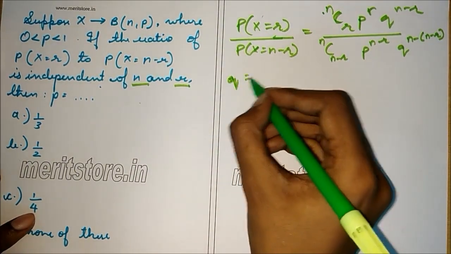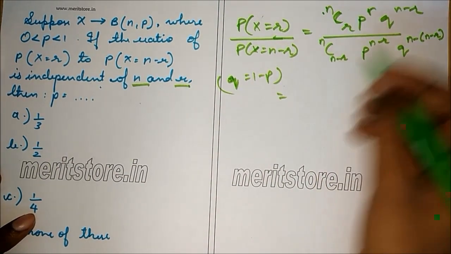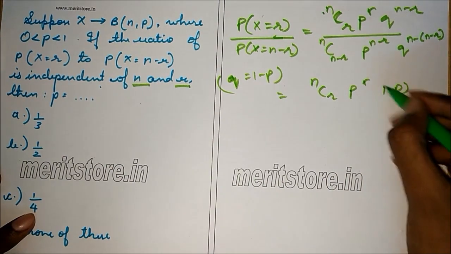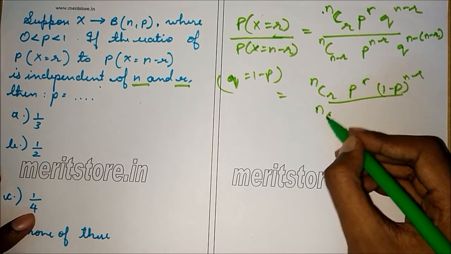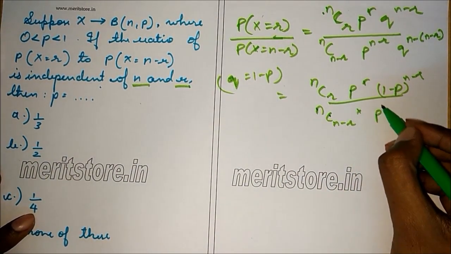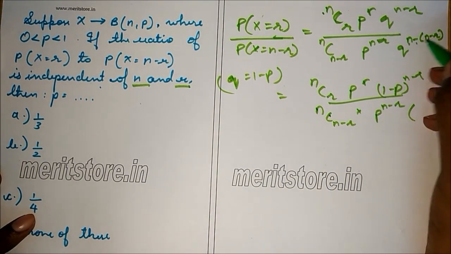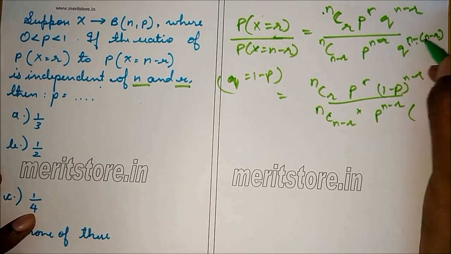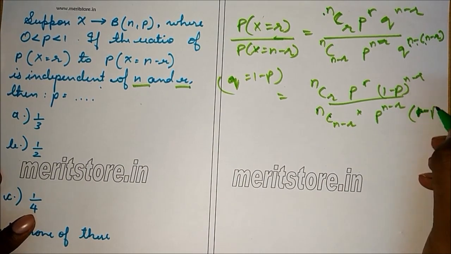Now q is 1 minus p, substituting this and simplifying it, so nCr p raised to r (1 minus p) raised to n minus r upon nC(n minus r) p raised to n minus r. n minus n gets cancelled, so this is just r, so (1 minus p) raised to just r.